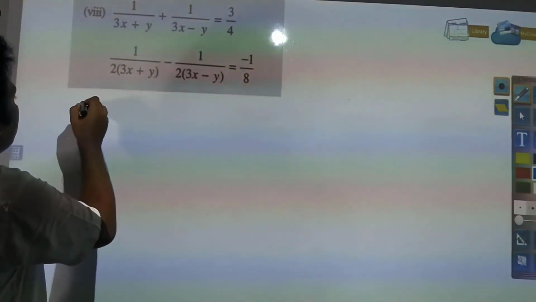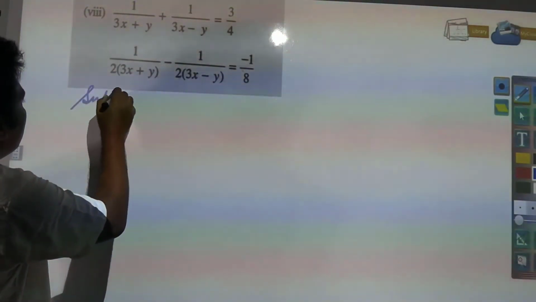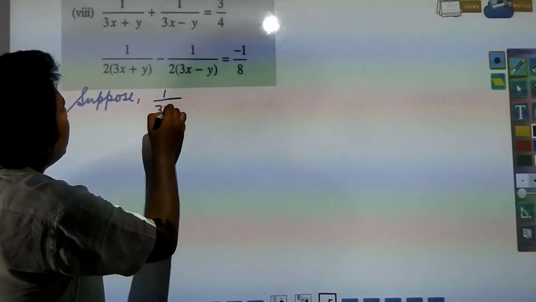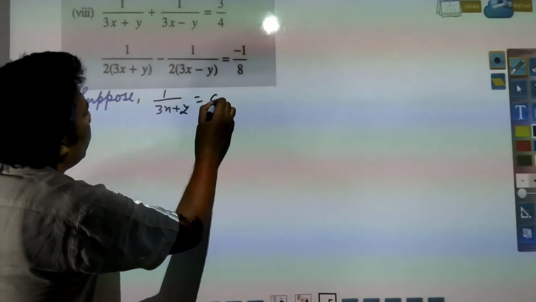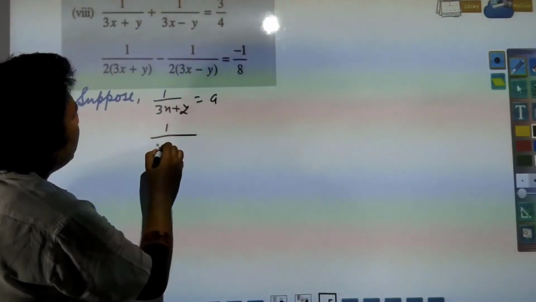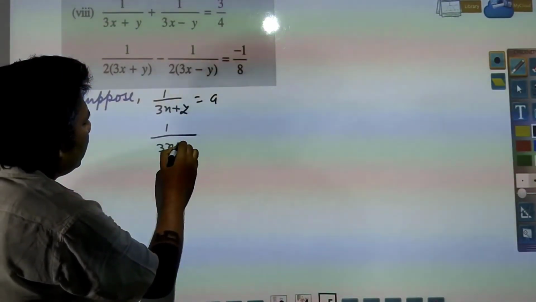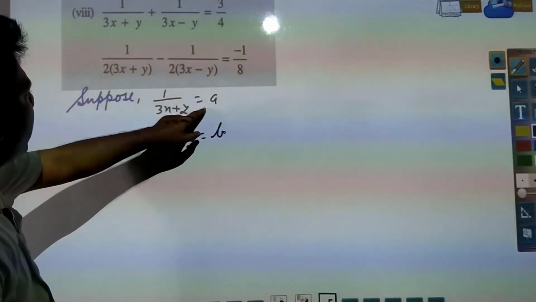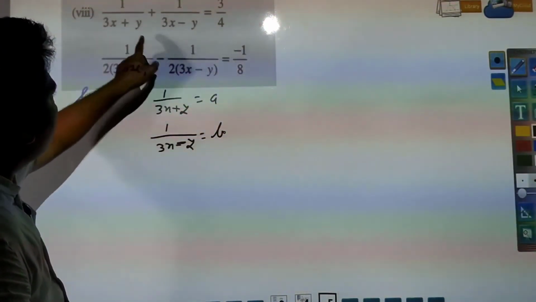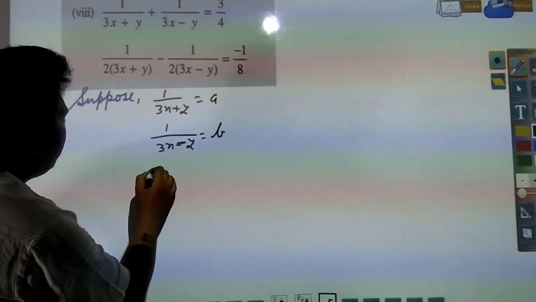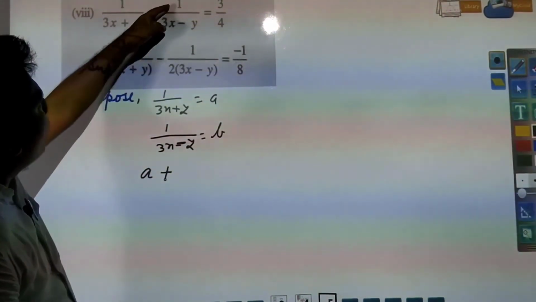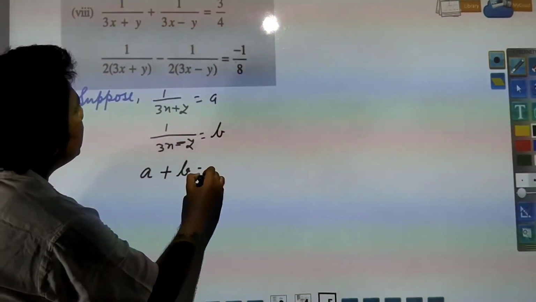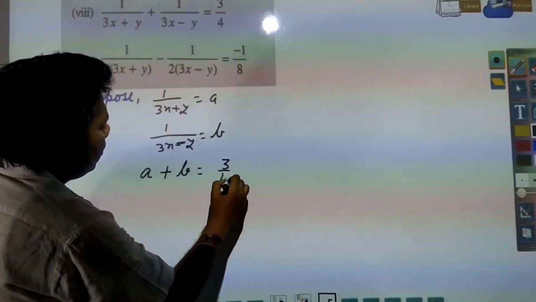So we need to assume, suppose 1 by 3x plus y is equal to a and 1 by 3x minus y is equal to b. Now a plus b is equal to 3 by 4.